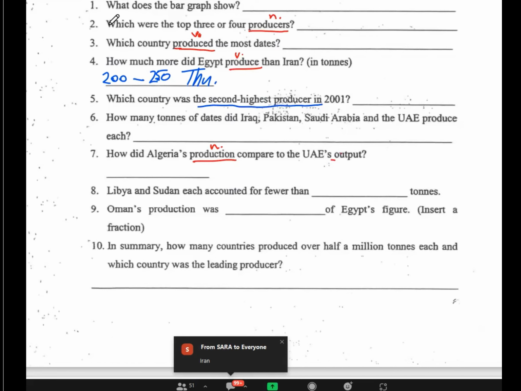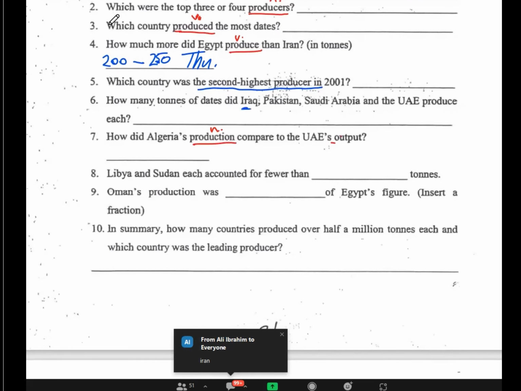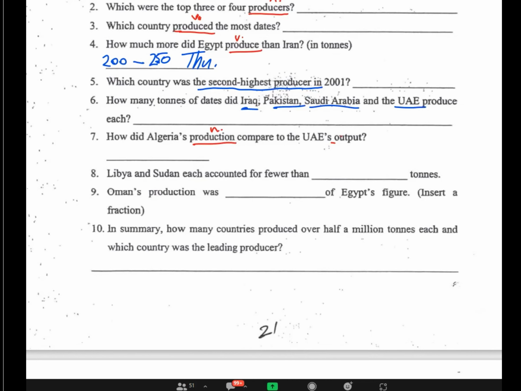Iran. Okay, how many tons do these countries produce? Now you can give one number here that is close to their production. You can give one number, or from 2, or between 2. Between and. 600 to 700,000.